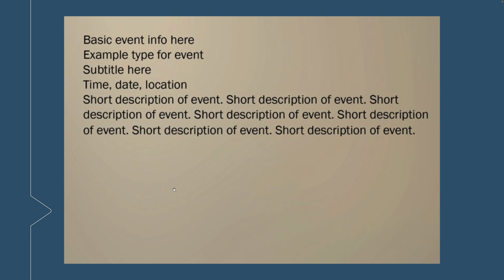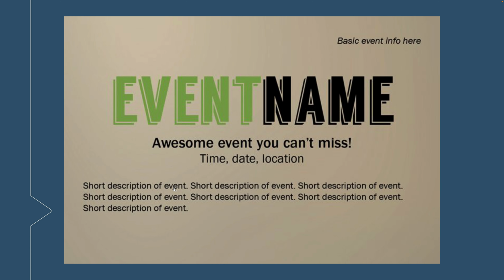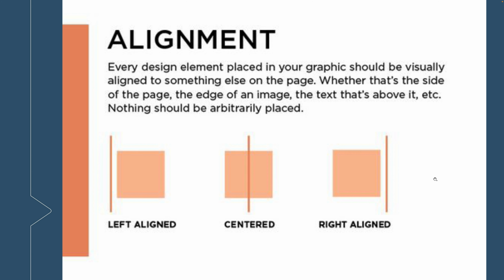How do we apply a hierarchy to it so it looks visually pleasing but also makes sense, right? We have our event name, the who, what, when, where, why. We have the event name, potentially a tagline, the date and location, and then any other kind of info that may or may not be, again, not that it's not important, but if someone just read this top part and they're going, then they don't necessarily need to read the short description part. But again, a good example of a basic hierarchy.